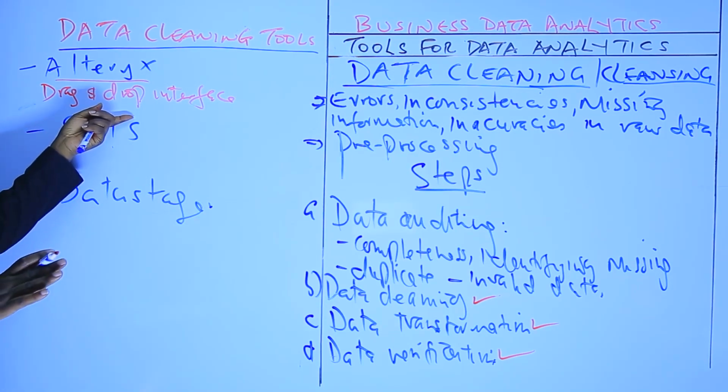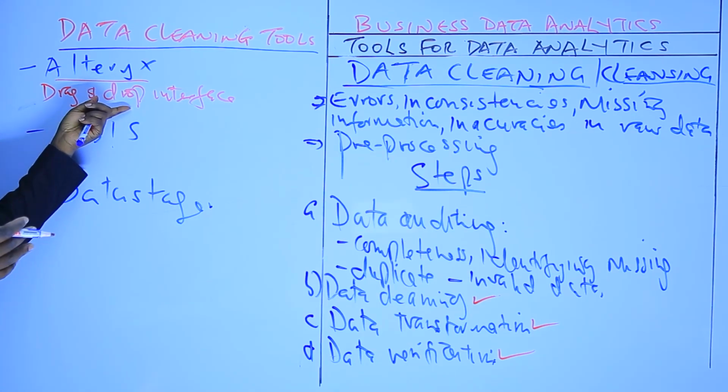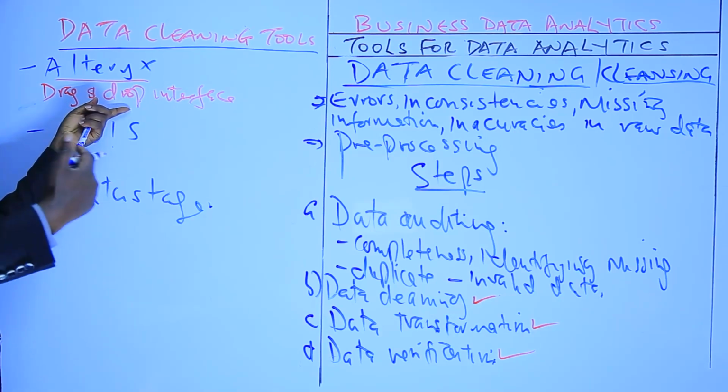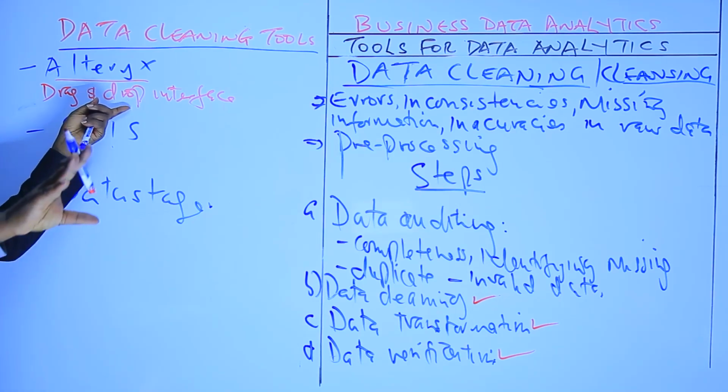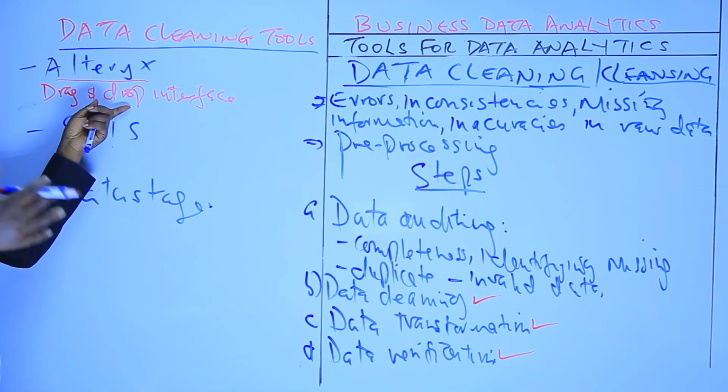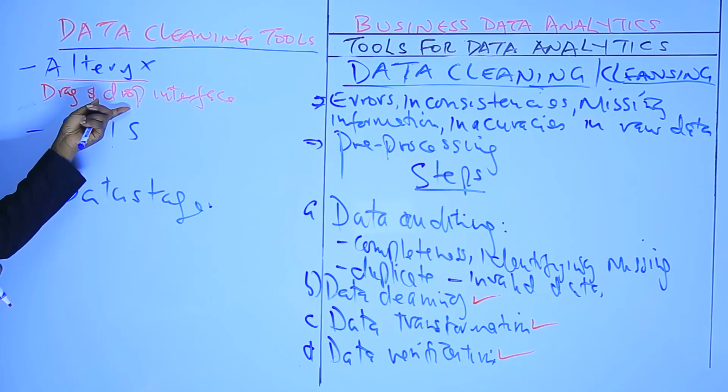So the Alteryx platform allows users to connect to various data sources, including databases, cloud applications, and spreadsheets. So users can then use the Alteryx drag and drop interface to transform and clean data. They can also use it to join multiple databases or data sets and then create analytical models.